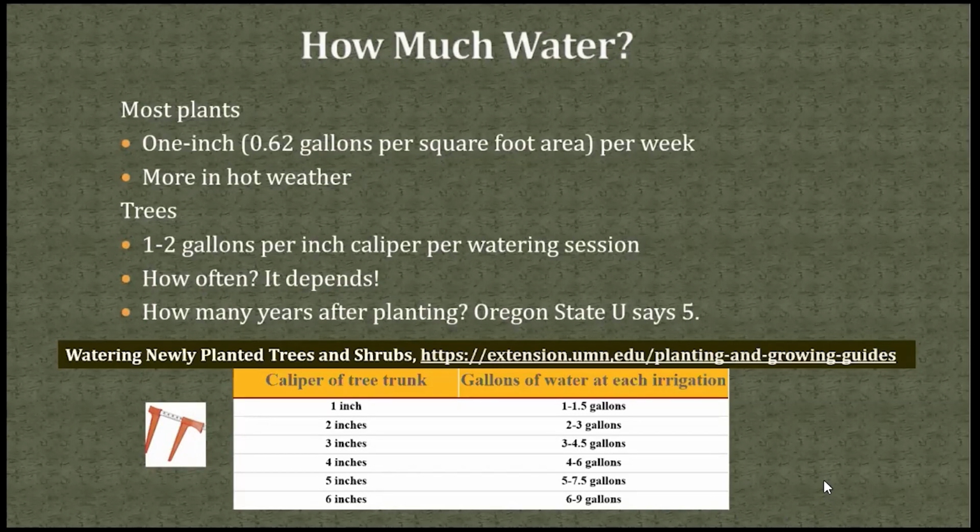Now, one thing that sometimes people forget is a freshly planted tree, we remember to water it. But after 2-3 years, we think, it's established, it'll be fine. Well, no, it will need care for a much longer period. How many years after planting? Well, different sources say different numbers. Oregon State says 5 years, all right?